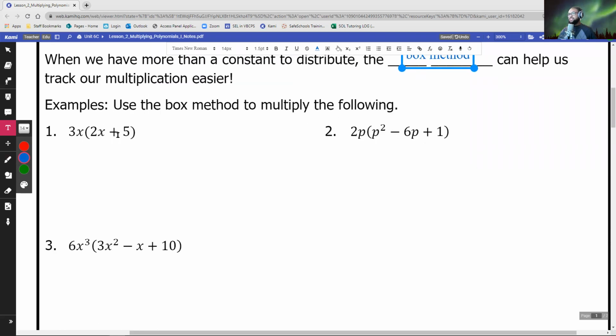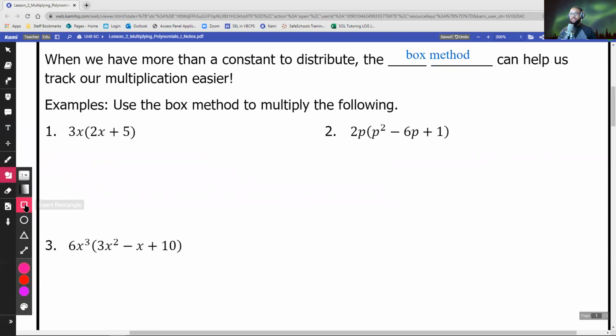So this first example says, use the box method to simplify the following. 3x times the quantity 2x plus 5, all right? So I'm going to draw a little box. I'm going to use this little tool. It'll do a box for me really nice and pretty. If you're using Canva, you can do it this way as well, or you can just draw one by hand. So we have 3x times, you know what? Let me scoot this box over.